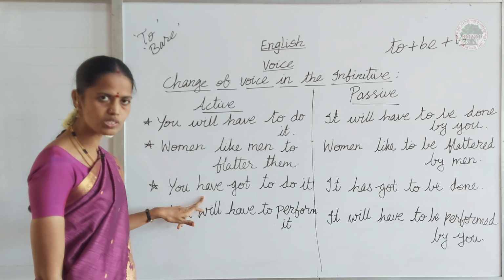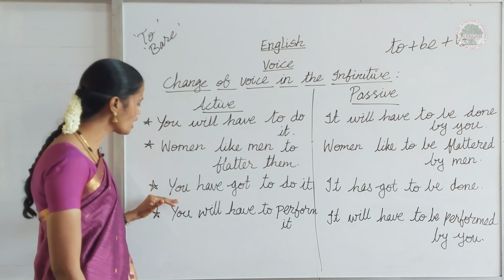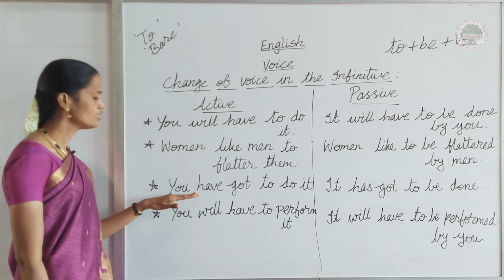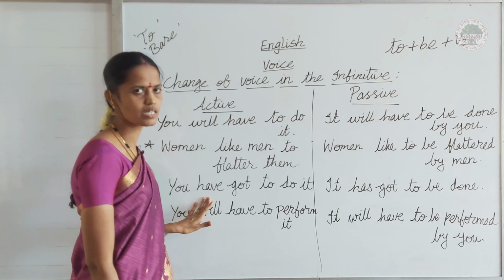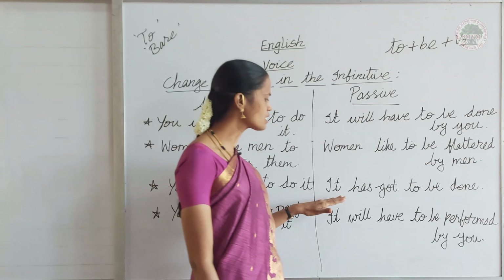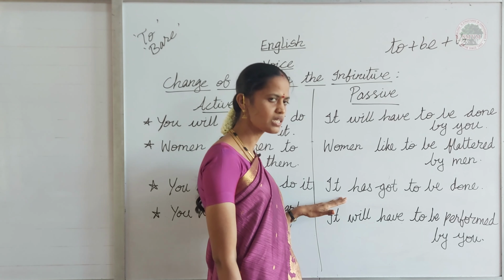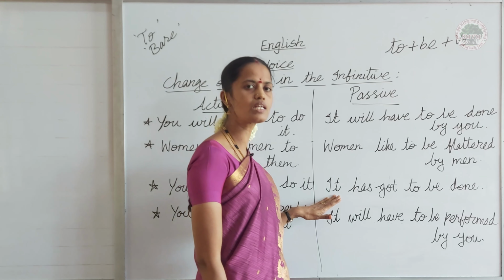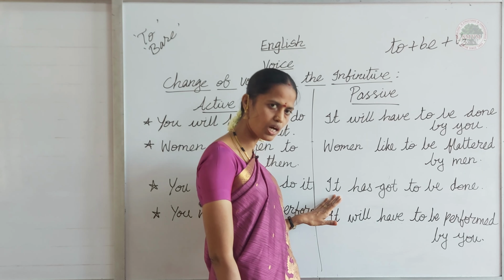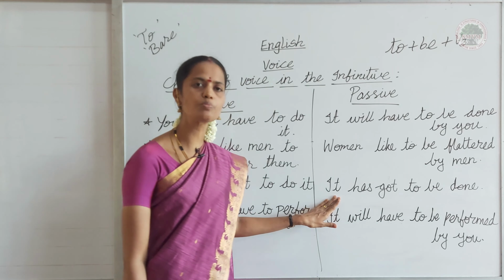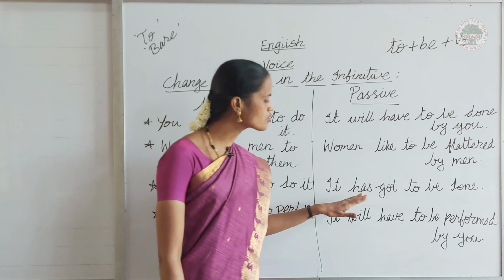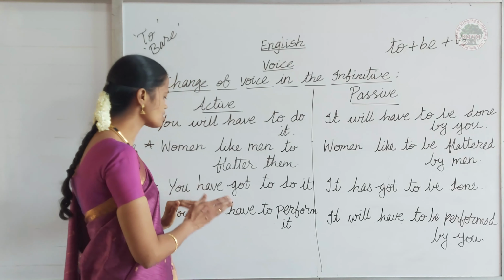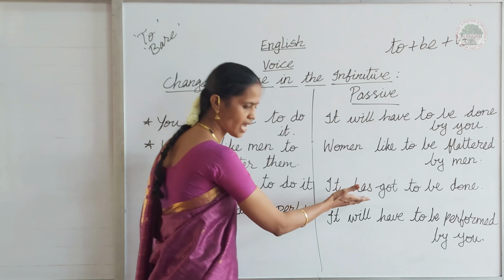That's why we have used this "have" in active voice. But in the form of passive voice, the subject is given in third person singular. So you know very well, for third person singular we have to use "has," isn't it? That's why we have changed this "have" into "has."